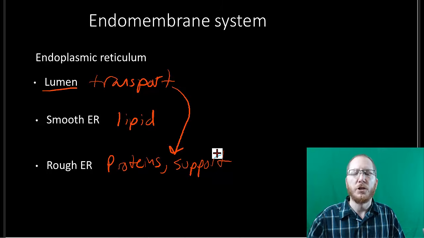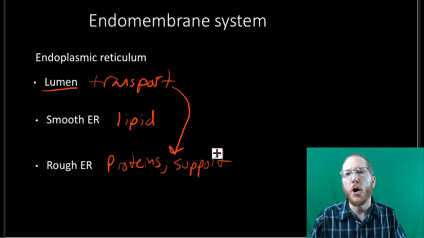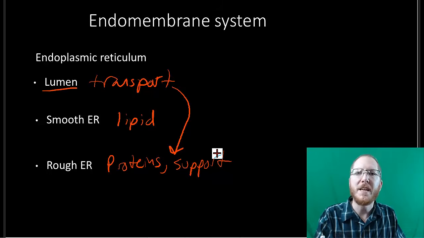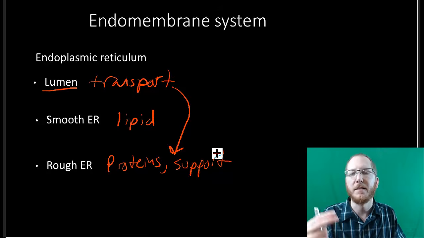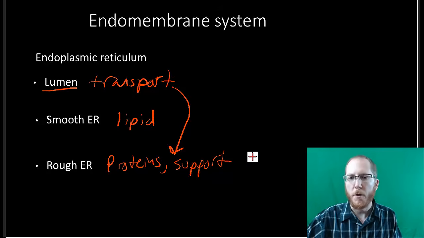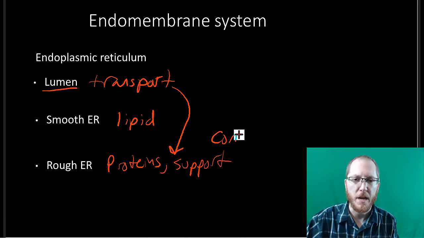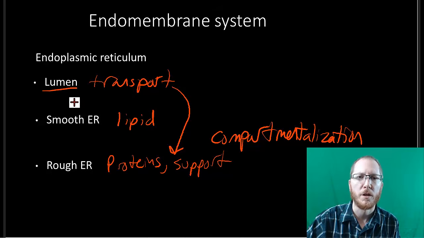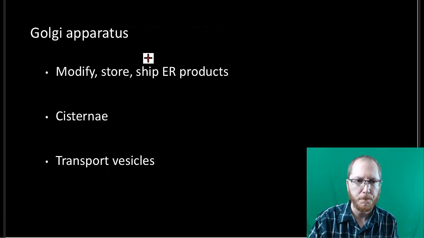Just like the plasma membrane is outside the cell and inside we have our own unique internal homeostatic environment, now we can say we have our own unique environment inside the nucleus. That would be called the nucleoplasm. We have our own unique environment inside of the Golgi apparatus, inside of the ER. And so this compartmentalization is something we see with eukaryotes. So if I talk about ER, really I'm probably going to be talking about rough ER, because that does more of what we're going to talk about when we're dealing with ER.